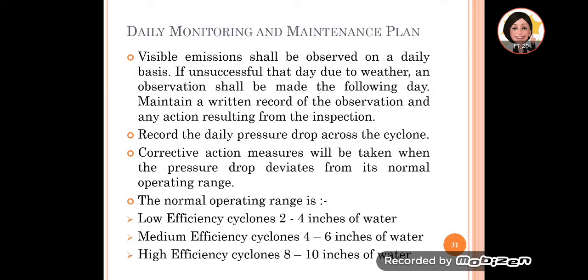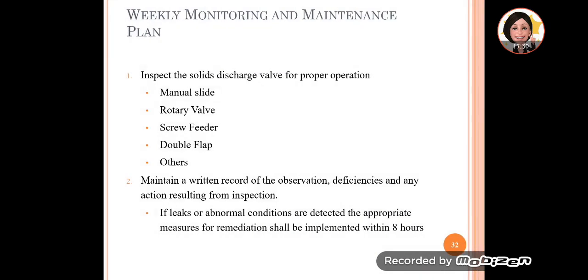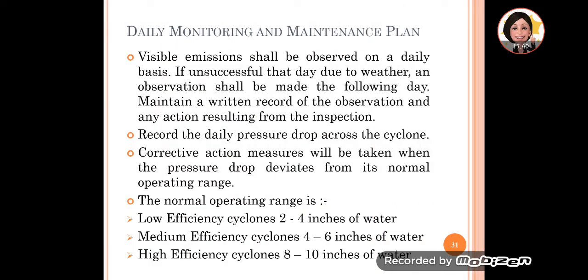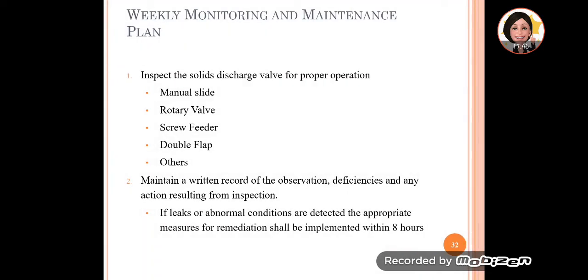And then I've also attached some monitoring and maintenance plans for cyclones. So we have a daily monitoring and maintenance plan and a weekly monitoring and maintenance plan, where here we have to look into the discharge valves and operations. For the daily, we are more interested in the efficiency of the cyclones, so here we look into the parts of it.